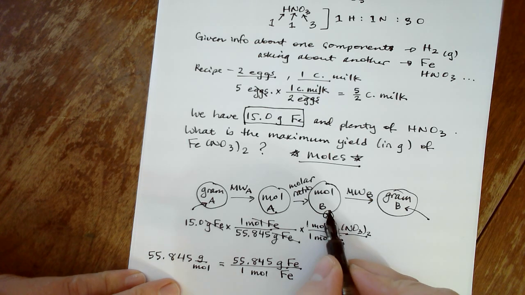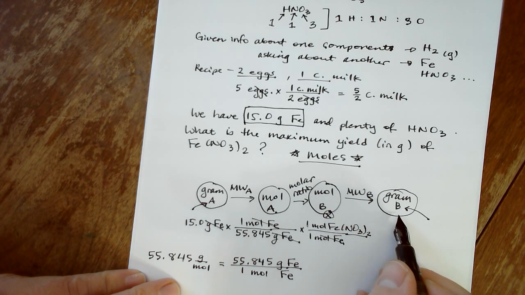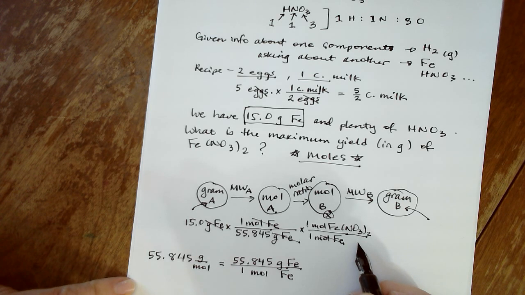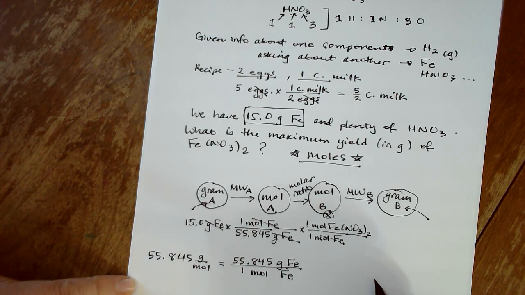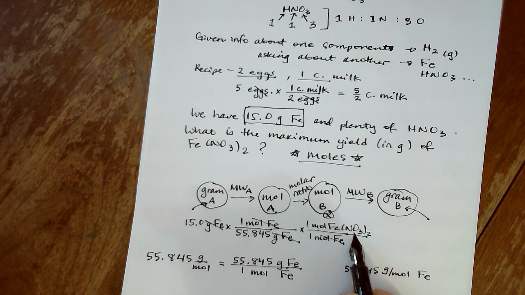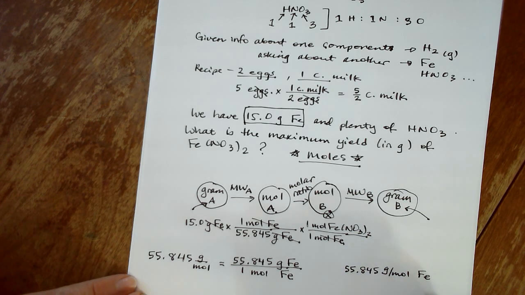Okay, so now we are right here. And so I'm going to need to go to grams of B, so I need that molecular weight again. Okay, so that means I need to do a little math over here on the side. So 55.845 grams per mole, that's the iron. And then if I look at this, I have NO3 parentheses 2, so it means I have 2 nitrogens, and those each have 14.007, I think.